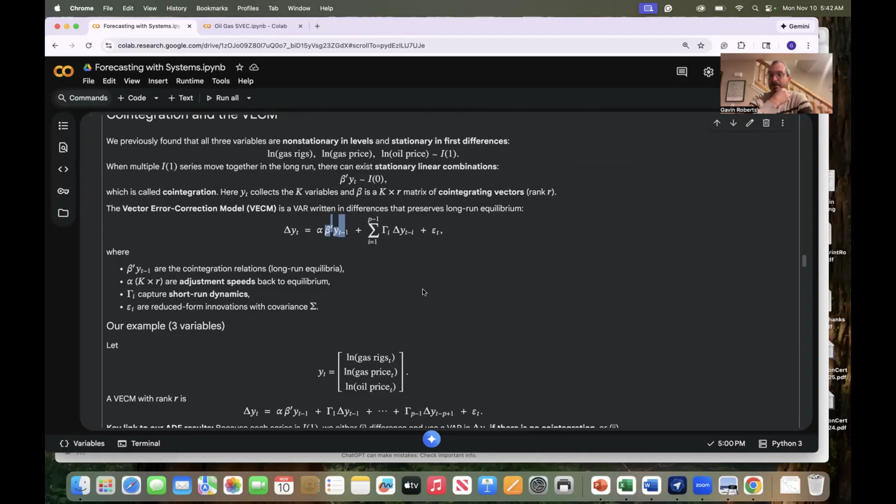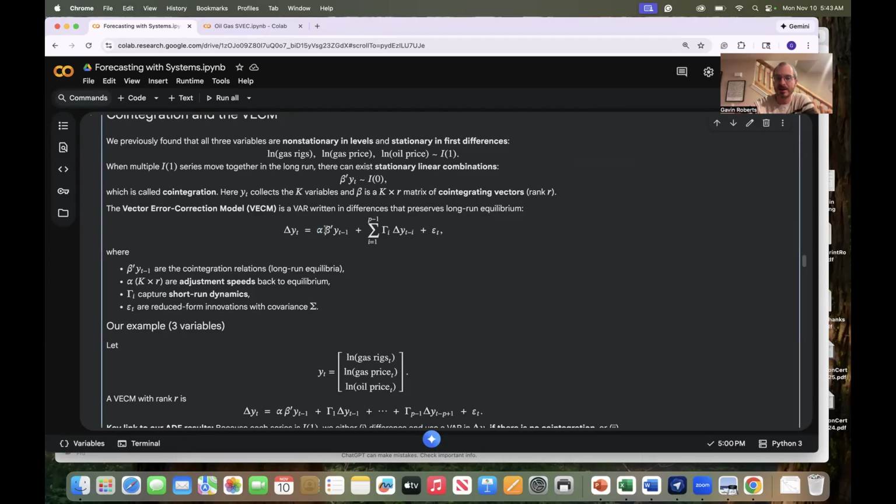Well, if we expect the behavior of firms or consumers or biological agents or some other system to try to shift back towards that equilibrium relationship established here, then alpha is possibly a vector, because remember there could be more than one co-integrating relationship, and it actually is a vector because there's more than one variable in the co-integrating relationship. Alpha tells us how those variables try, if they try, to move back towards that relationship.